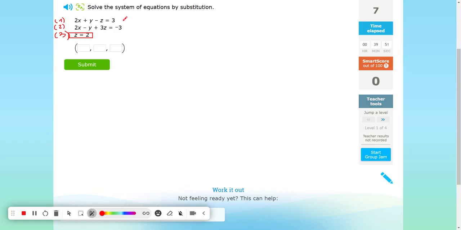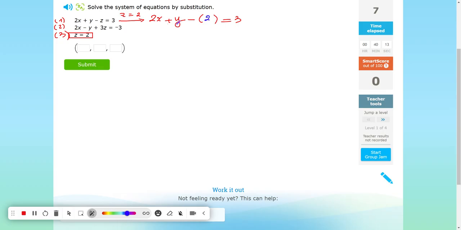So from equation number 1, I substitute z equal 2. Take a look at me here: 2x plus y subtract z equal 3, but then z I put down as number 2.